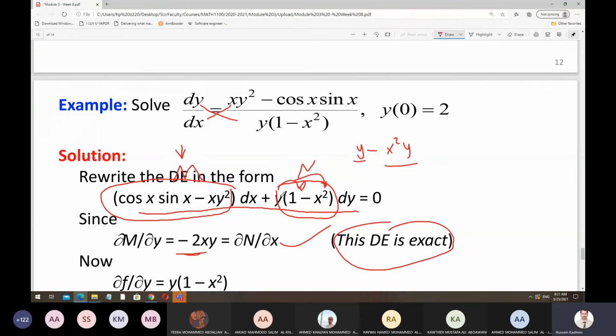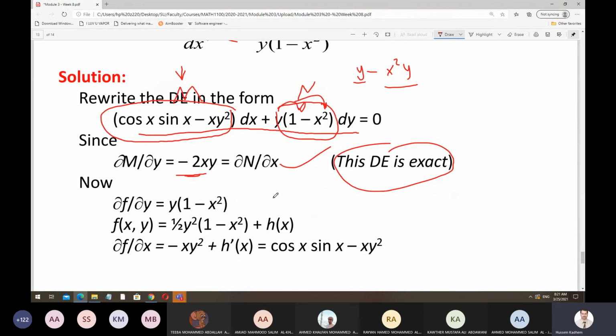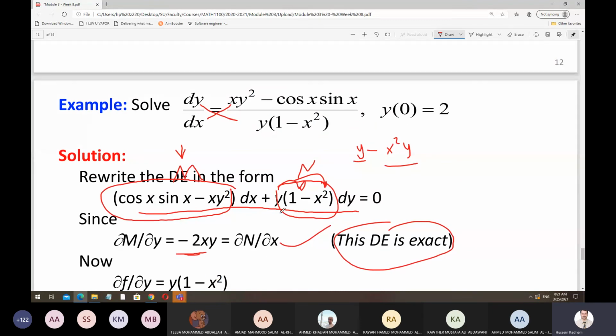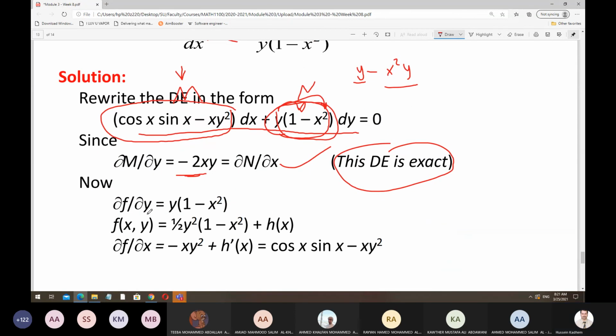Now I can apply the formula, I can apply the procedure. Sorry. Let me take this part, N. It's easy, rather than cosine, sine, and so on. I go directly to this part. When I integrate this part this way, minus x squared y dy plus h of x.